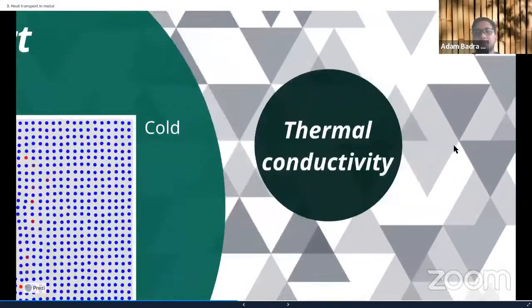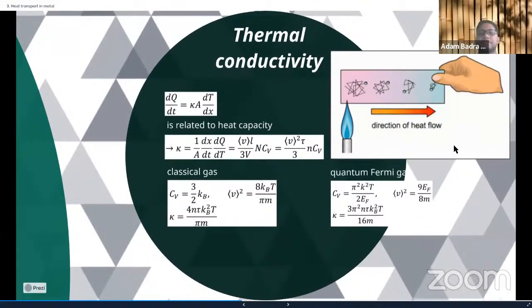So now thermal conductivity is defined by the rate of the movement of the heat. So dQ per dt equals K, which is the thermal conductivity, times A, the area, times dT per dx, the gradient of the temperature. So this is the image.